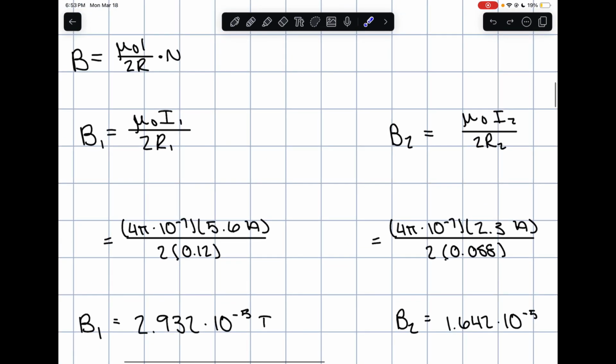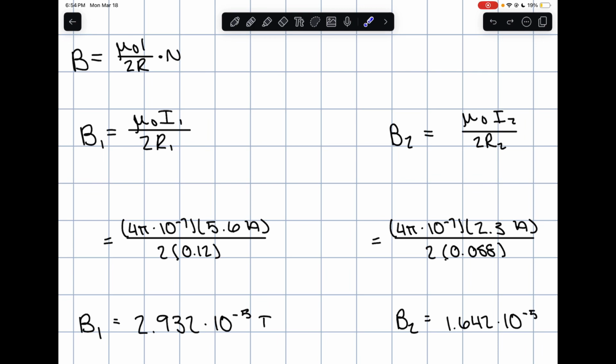From there, we can solve for the magnitudes of B1 and B2. So B1 should equal 2.932 times 10 to the negative 5th teslas, and B2 should equal 1.642 times 10 to the negative 5th teslas.